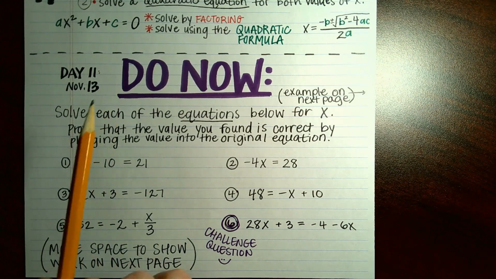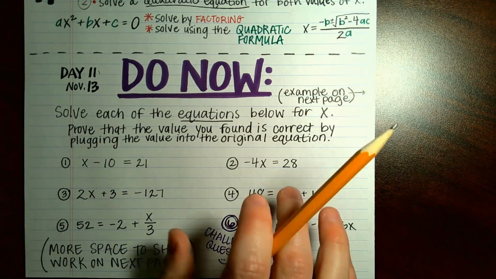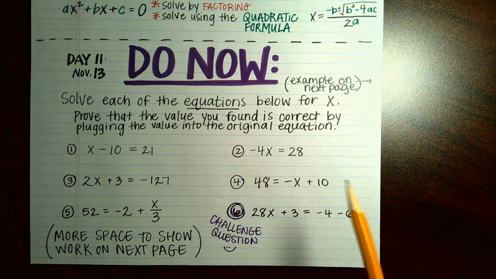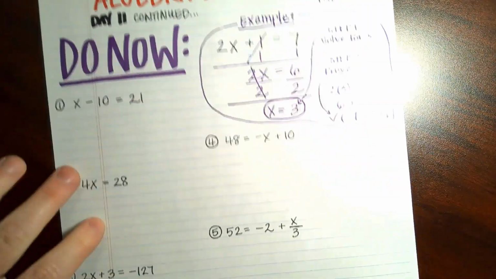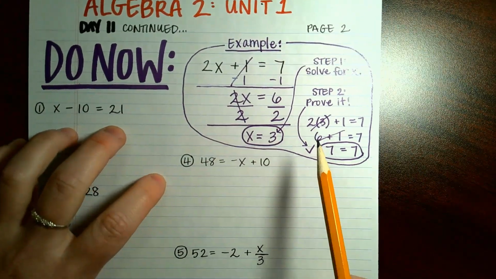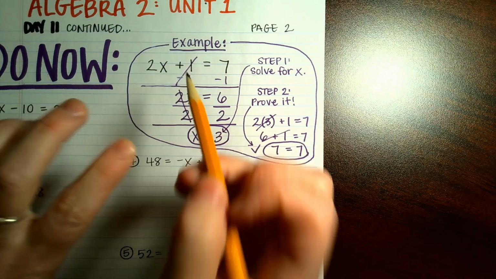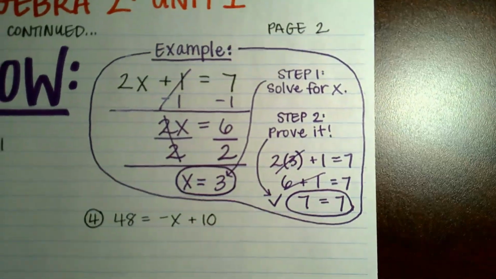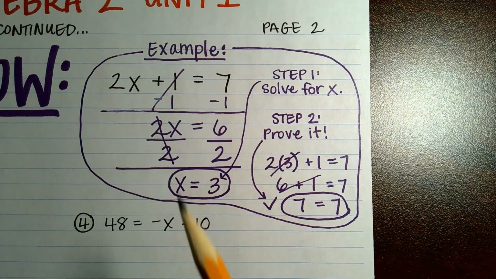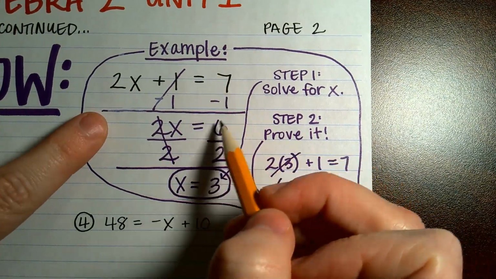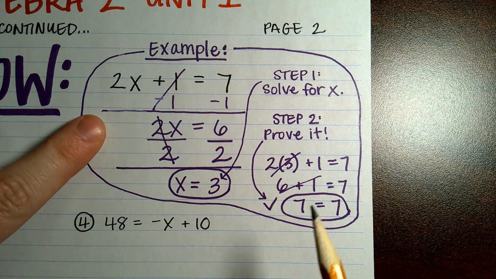I told you to solve all these equations for x. And then I also wanted you to prove that you know your x is correct. So I gave you an example of what I meant by that on the back. If I had an equation such as 2x plus 1 equals 7, here's me writing out my work to how I found x.